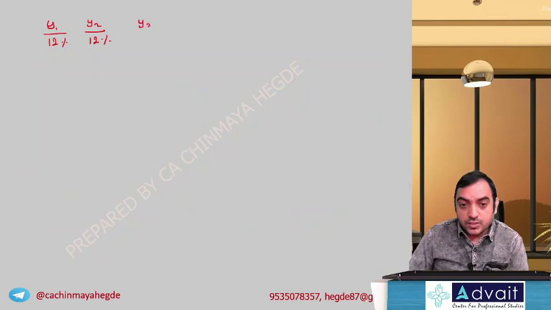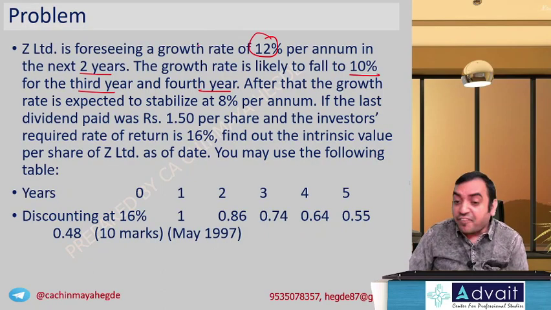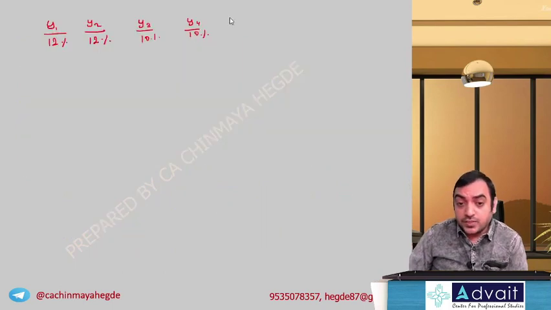So year 3, 10%. Year 4, also 10%. After that, the growth rate is expected to stabilize at 8%. That means which year? This will be year 5 onward. Year 5 onwards, stabilize at 8%.